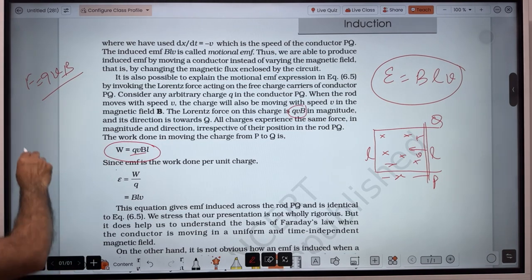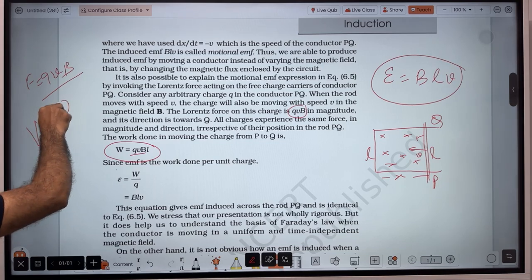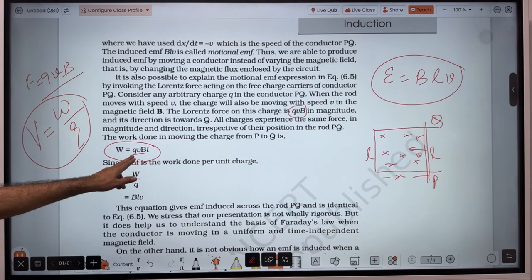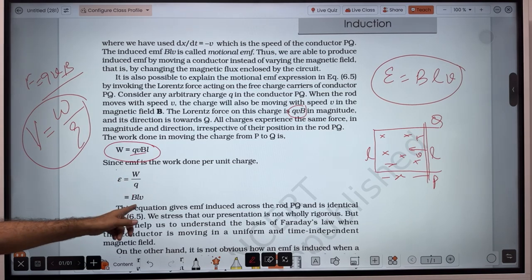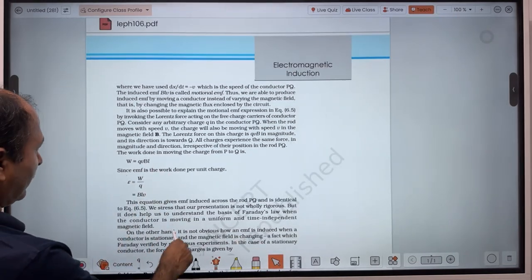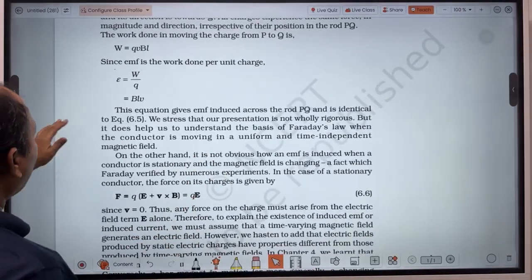Now if you remember, potential is defined by W upon Q. So if we divide this equation, W equal to QVBL, by Q, we will get potential or EMF. So W upon Q gives BLV. This is the same expression as we have obtained earlier.